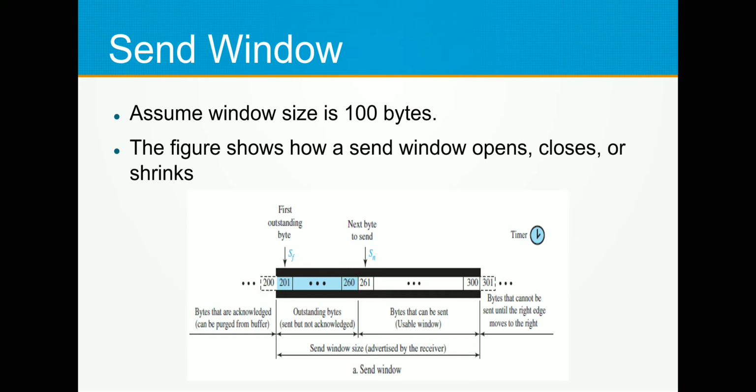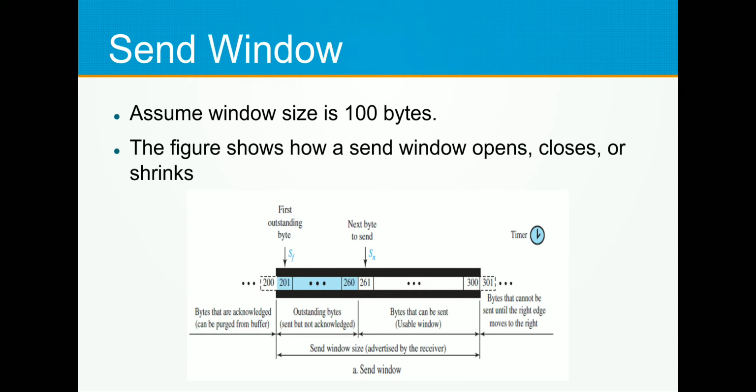So acknowledgement says that this data whatever was sent has been successfully delivered. So these bytes that are acknowledged can now be deleted or purged from the buffer so that it could be reused later. Now the data that is yet to be acknowledged, you cannot remove it from the buffer. It has to wait till you get an acknowledgement.